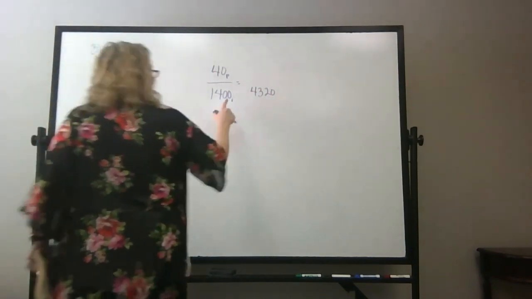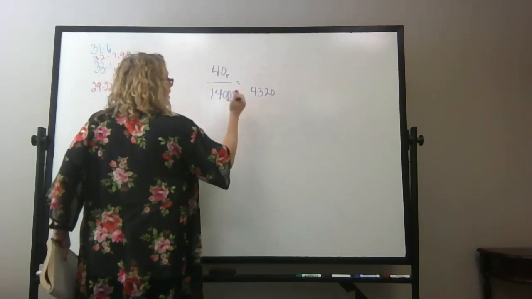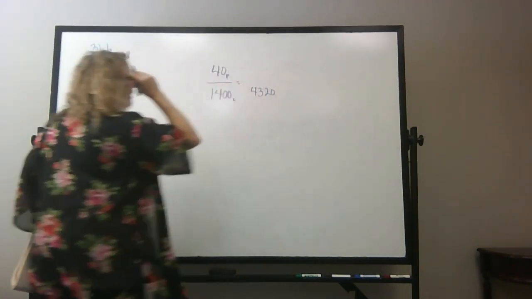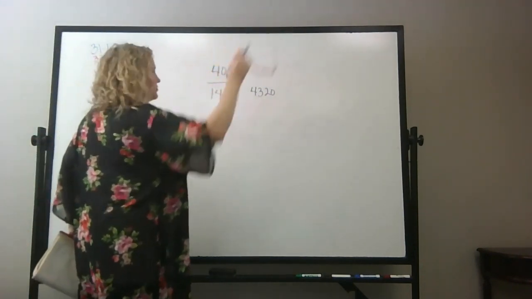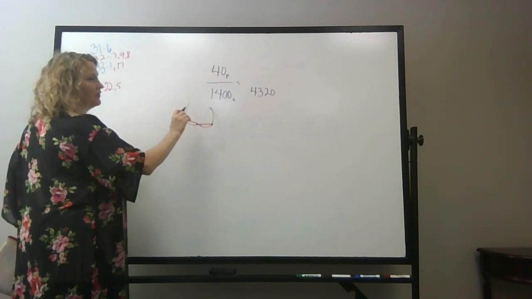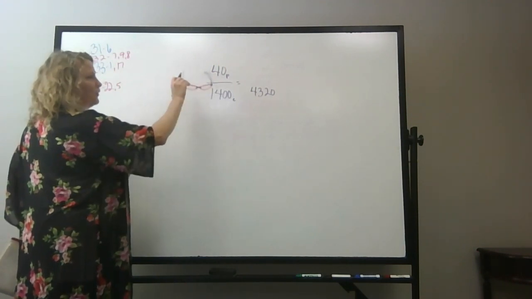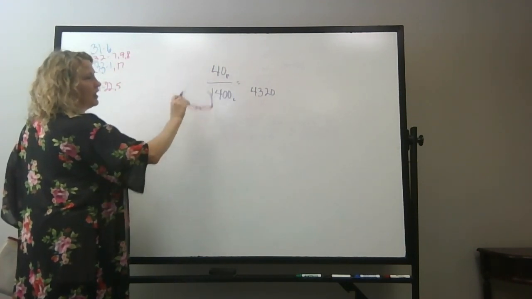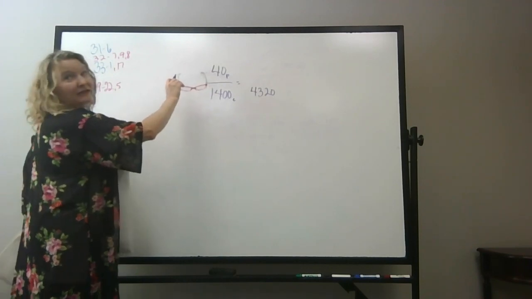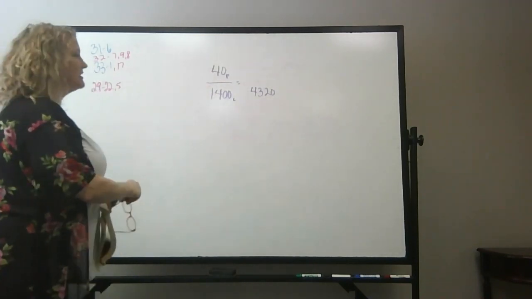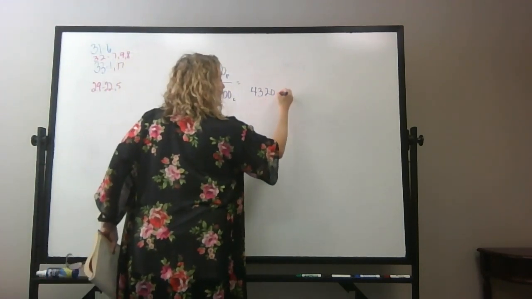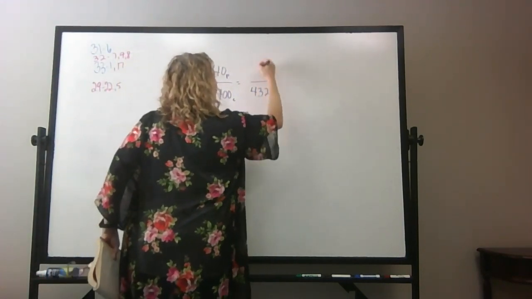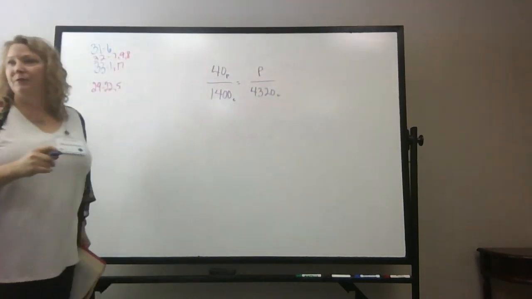This right here, where I threw myself off where I said this was other, this isn't other, this is the compound. So I had the idea that I put 40 grams of potassium with some other stuff to get 1,400 of the compound, right? So when I have 1,400 of the compound, I have 40 grams of potassium. Good. So now they're saying if I have 4,320 grams of the compound, how much potassium do I have?